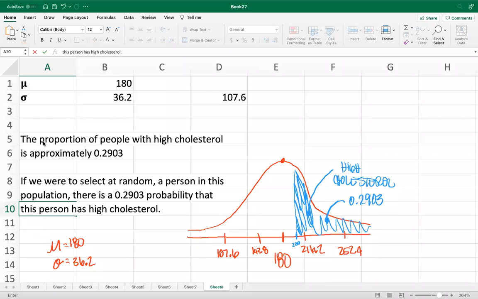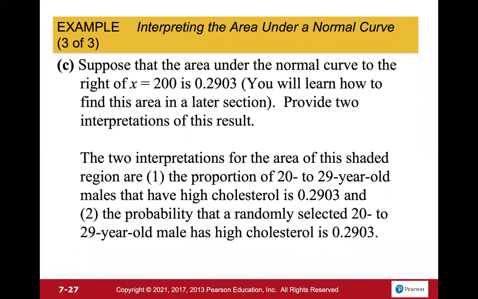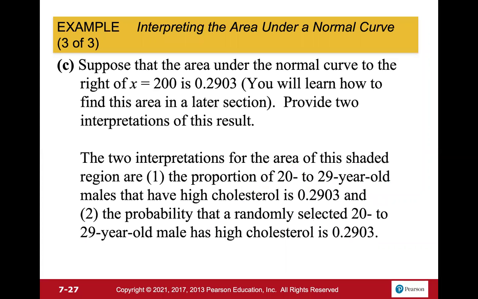So in this case, the probability of high cholesterol is 0.2903, or the proportion of people with high cholesterol in this population is 0.2903. That's it. So that's a way that we could interpret these results.